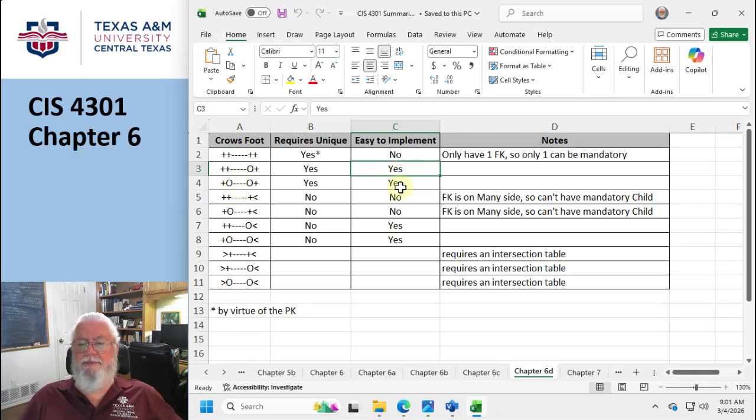So optional, that one's kind of easy. A mandatory on both sides, is that easy to implement? No, it is not, because I can have a mandatory parent, but I cannot have a mandatory child. And same thing here. Having an optional is okay, but I can't go in and say I have a mandatory child. With the tools we have in our toolbox, we can't do that.